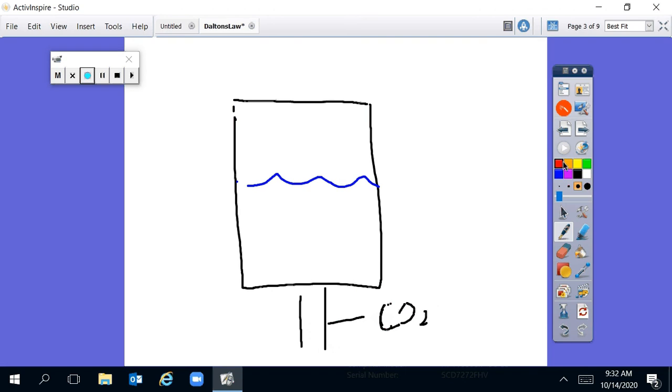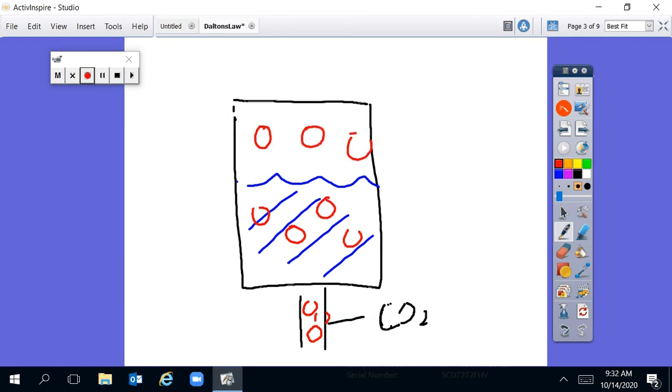We'll draw the carbon dioxide in red, and the water will be represented by blue. What happens is the carbon dioxide will bubble through and be collected at the top. And there will also be water vapor at the top of the container.